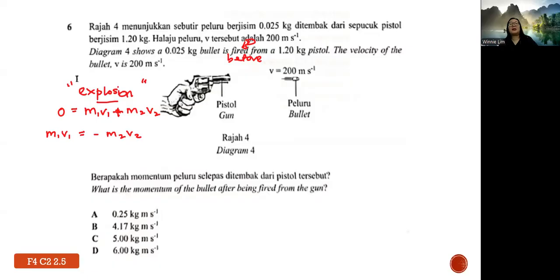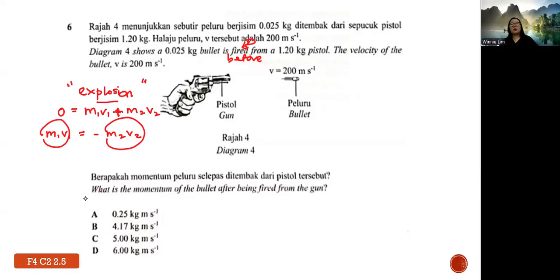It's actually telling you that the magnitude of the momentum of one object should be equal, but in the opposite direction. That means after you fire, the bullet will move forward, but the gun or the pistol will move backward. So for information, the momentum of the bullet should be equal to the momentum of the gun.